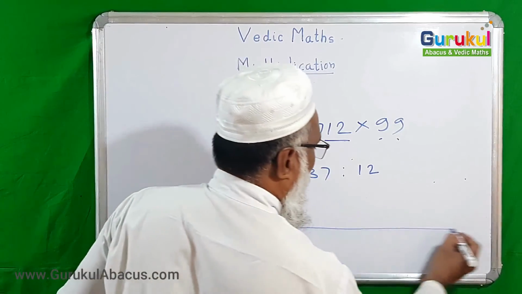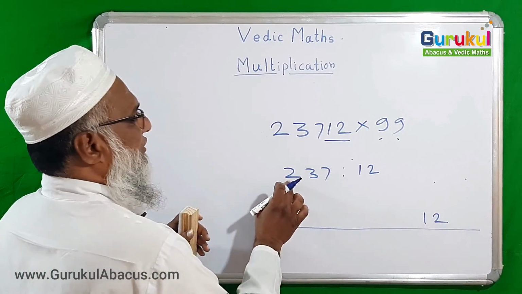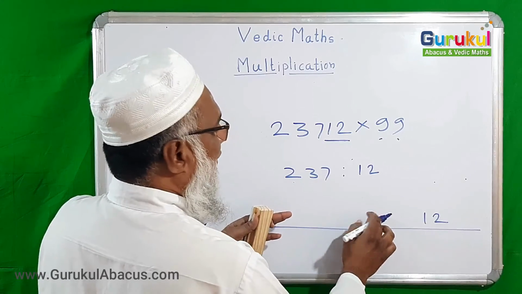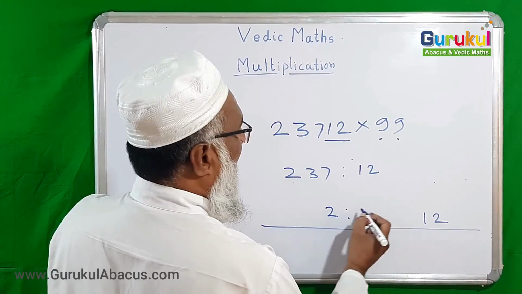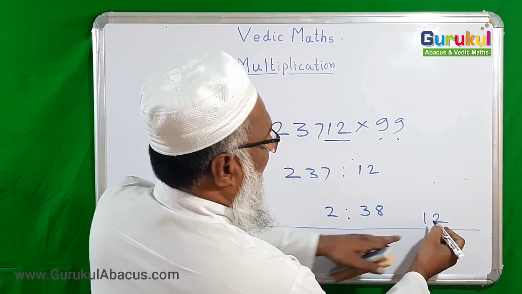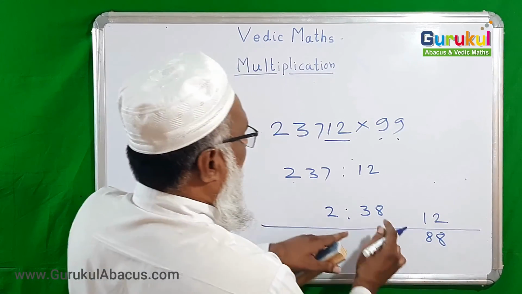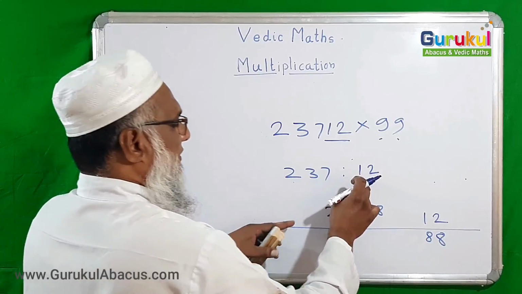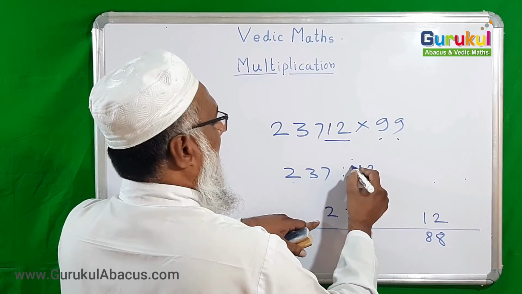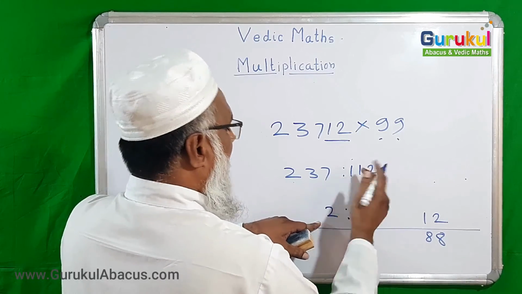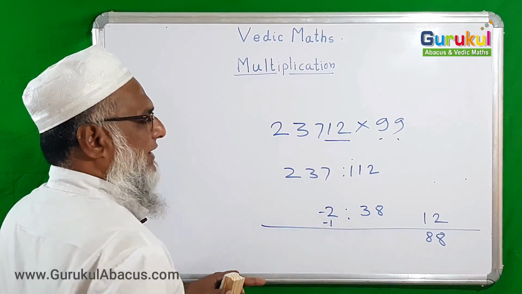Now we put a line, this 12 again we wrote here, and then this is 237, so I write it as 238, so after the colon I am writing 2 here and 38 here. Then 12 I subtracted from 100, it became 88, and now 38 I couldn't subtract from 12, so I borrowed from the left side, so 12 became 112 and I borrowed 1, so immediately I put one -1 here, and this is also negative, I just told you.